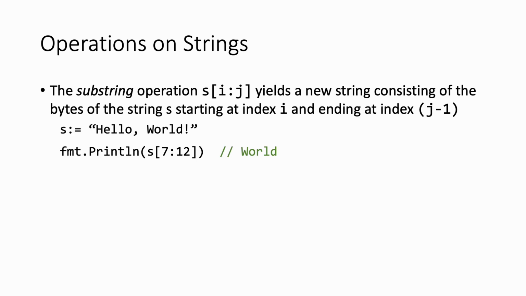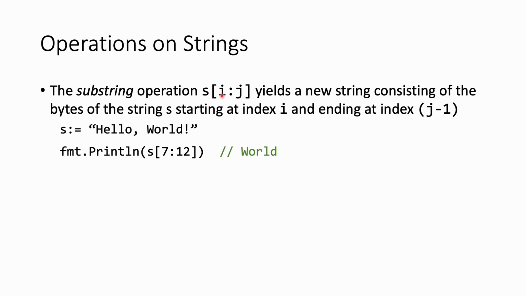In addition to the index operation, there are many other operations on strings that make it convenient to handle strings in Go. One such operation is the substring operation, which is also denoted by square brackets as in the index operation. But unlike the index operation, the substring operation takes a range of indexes instead of a single index inside the square brackets.